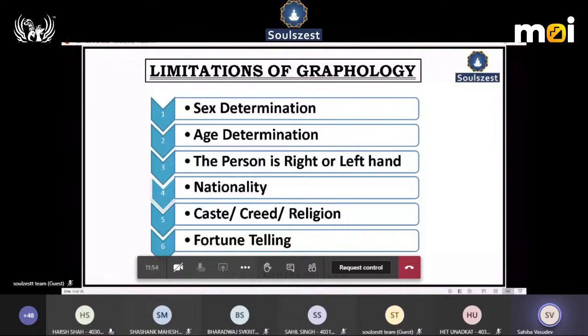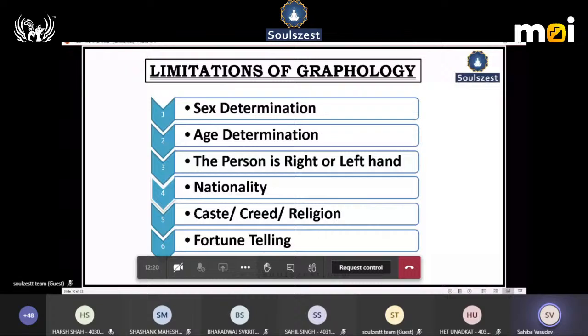So it's both yin and yang energies together. We cannot come to know, because a female can be as dominating as a man, and a man can be as soft as a female. So there is a limitation of graphology in terms of sex determination.